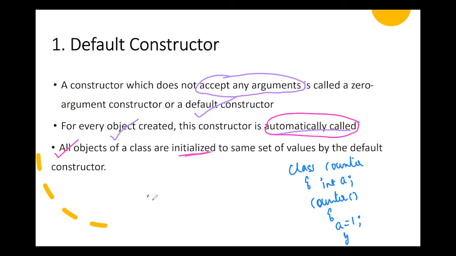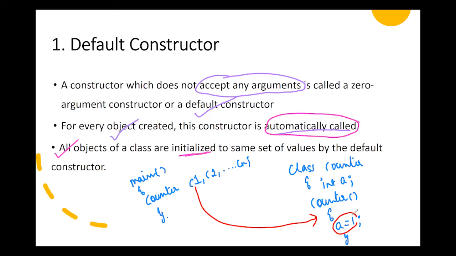Now whenever I am creating an object in the main function, where I am creating objects called C1, C2, up till Cn, suppose I have created n number of objects, what is happening? Every time I create an object, automatically this is getting called and a is getting initialized to 1.